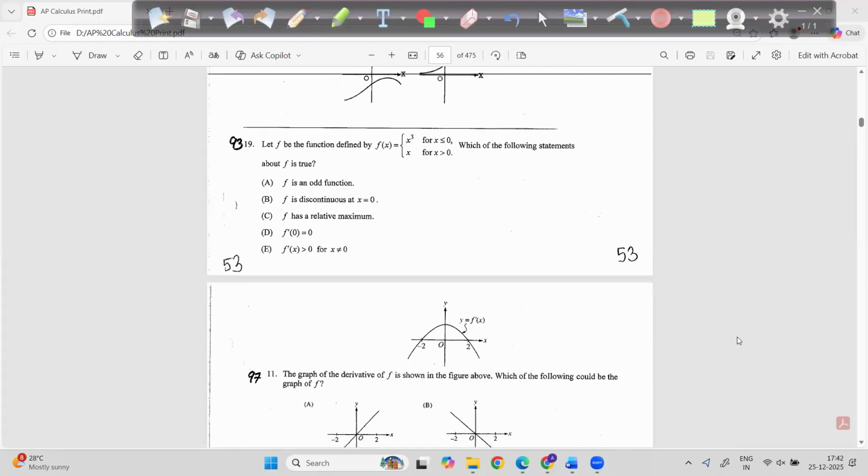Now please see the 19th one. The 19th one will test your basic knowledge. Mostly I don't know if you can give me these questions or not, but please see, it will test your basic knowledge.